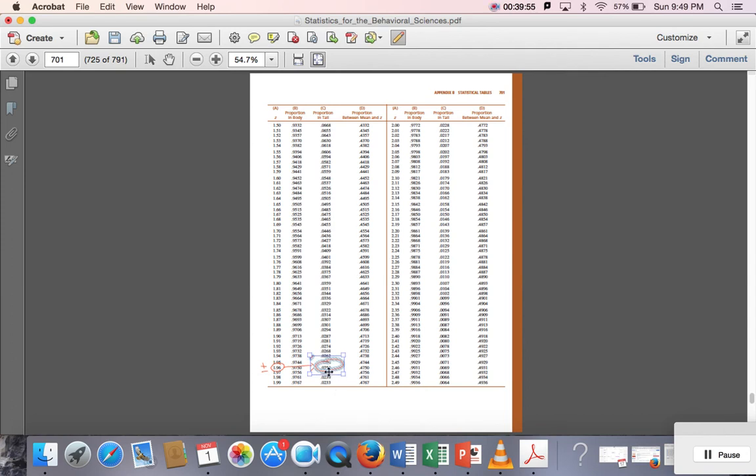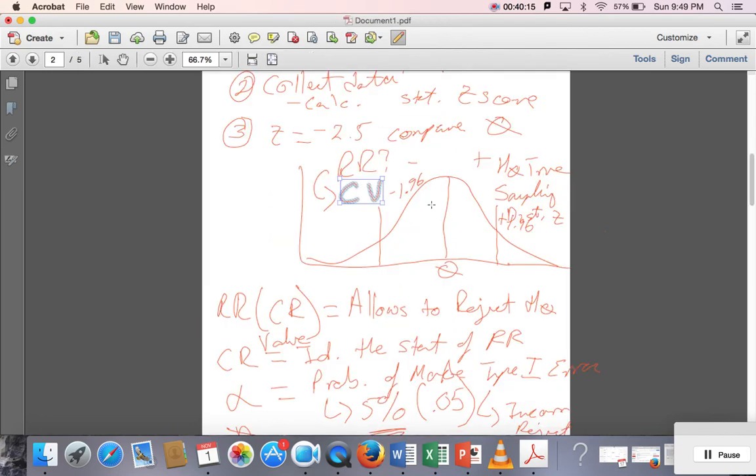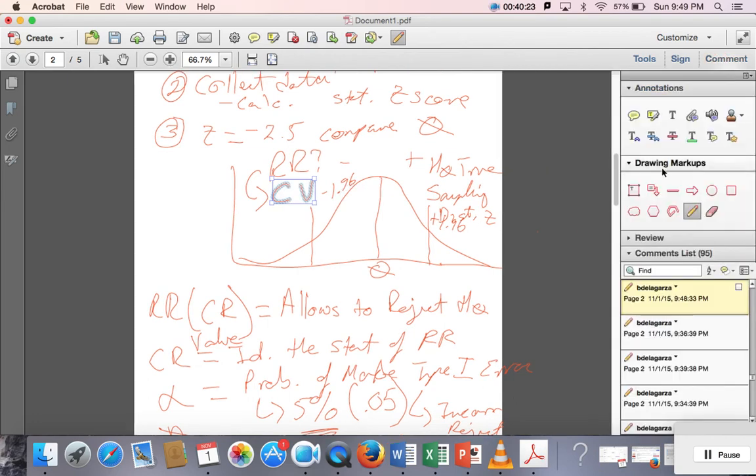So here 0.025 corresponds to a z-value of 1.96 positive and 1.96 negative. When I add up 0.025 for the positive side and 0.025 for the negative side, I end up with 5%. So I'm okay, I haven't exceeded my limit. Here I've drawn those lines to represent negative 1.96 and positive 1.96. Now I'm going to change the color of my marker so we can show the different areas that we're concerned with.